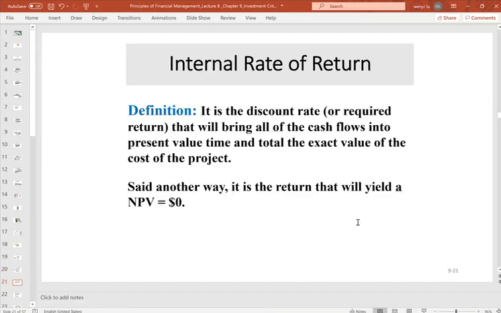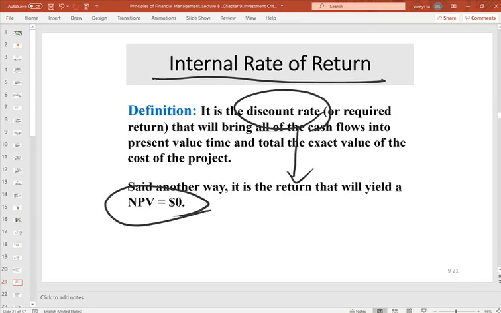What's internal rate of return? Internal rate of return is a discount rate that makes the NPV equal to 0.